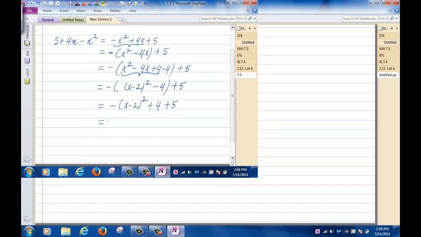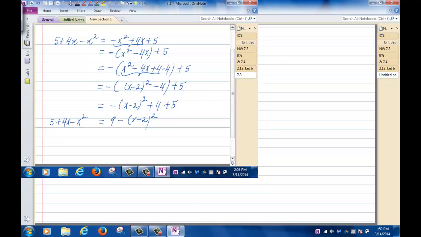And then, so finally what do I have? I have 5 plus 4x minus x squared. That's equal to 9 minus x minus 2 squared. So that's what we mean by completing the square.